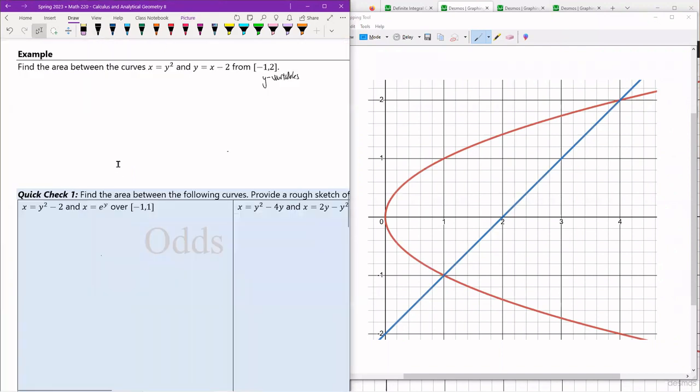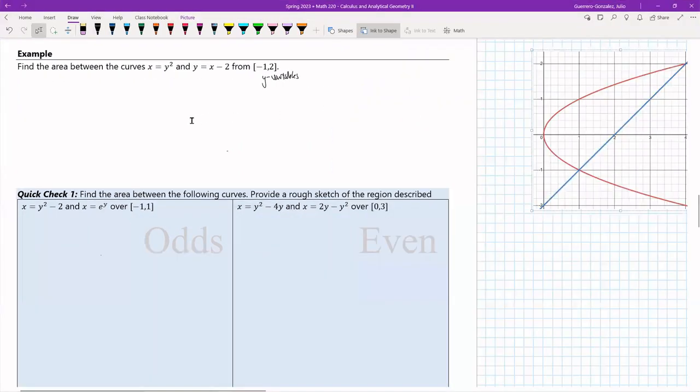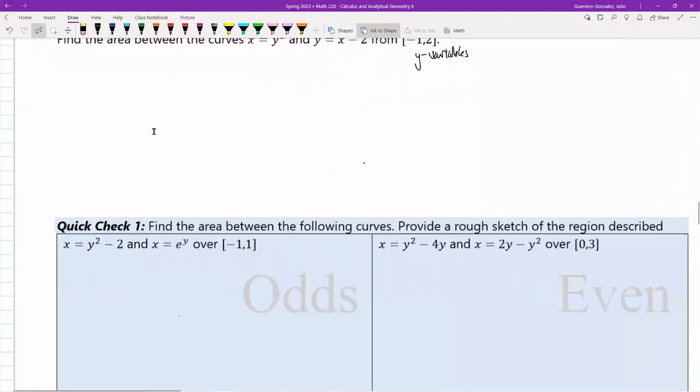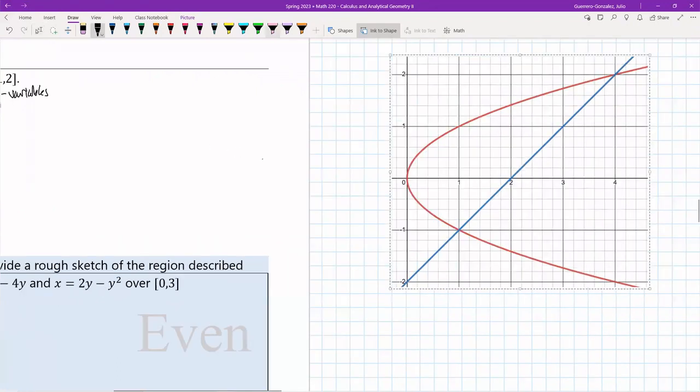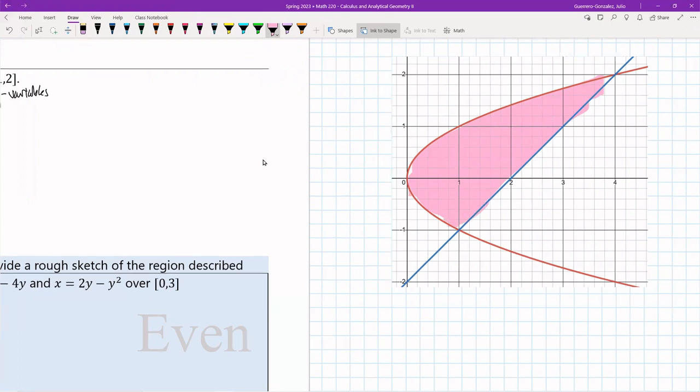We are looking for this piece right here. That right there.